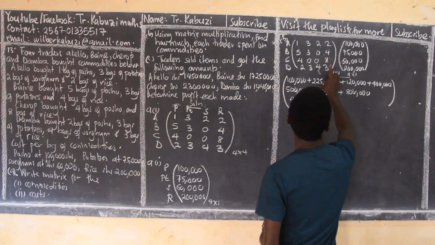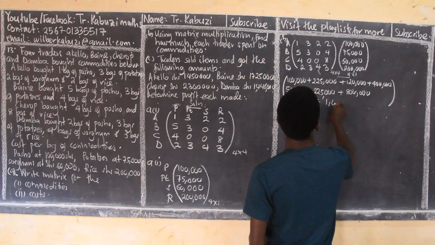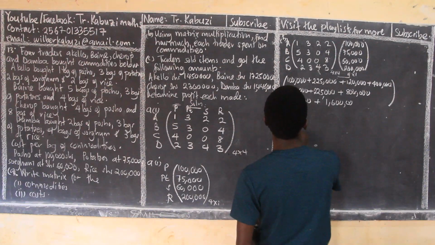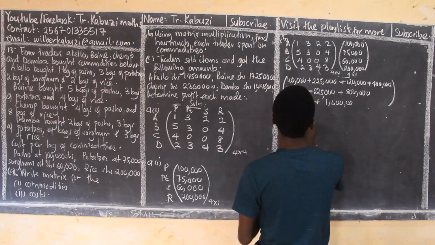This times this is 0. Then here we have 1,600,000, and here we have 200,000.